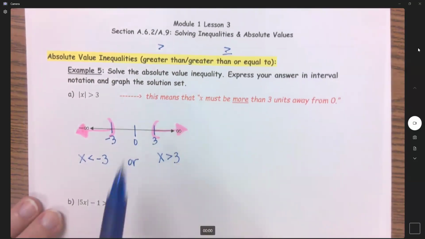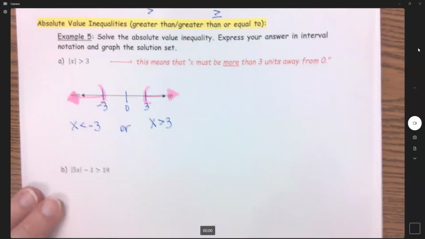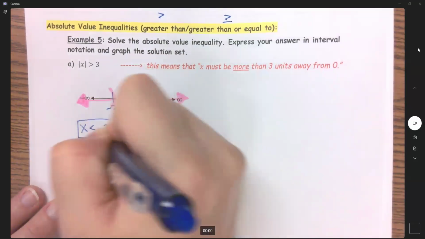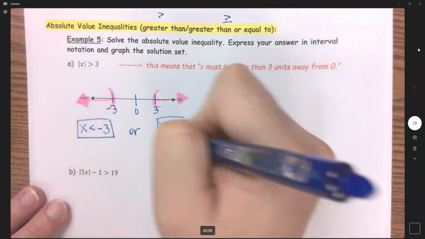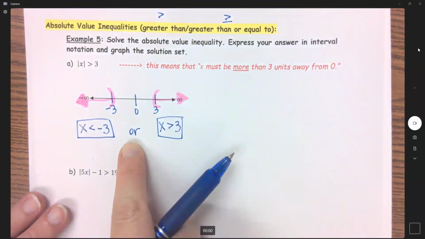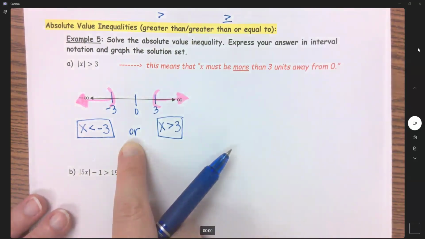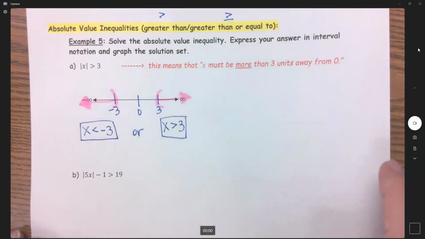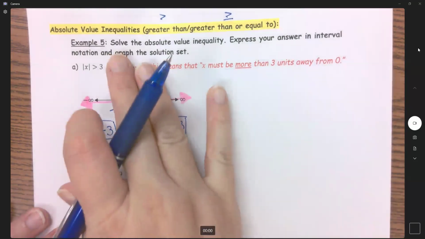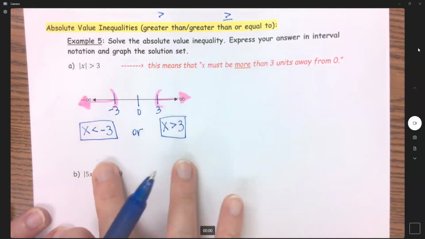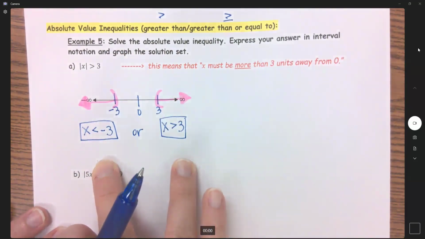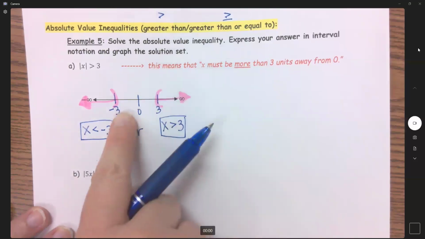So when it asks me to solve the absolute value inequality, these are our absolute value inequalities. And when we have OR statements, we don't put these as compound inequalities like we did last video. So solve the absolute value inequalities, check. Graph the solution set, check.